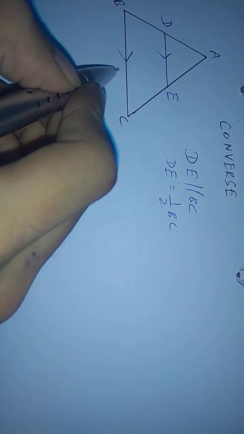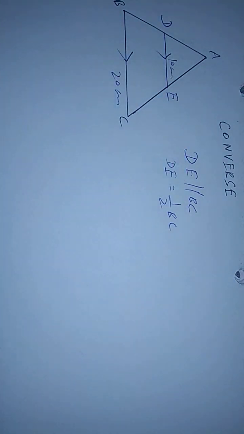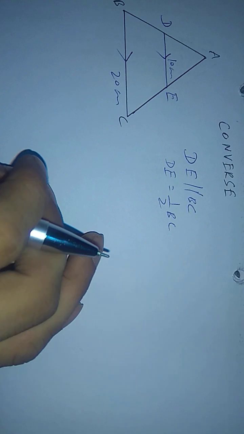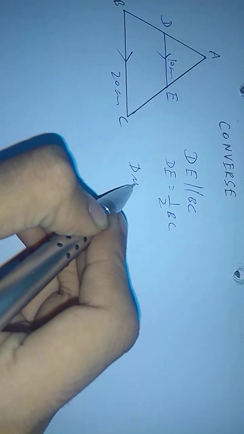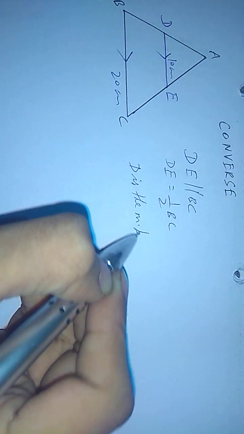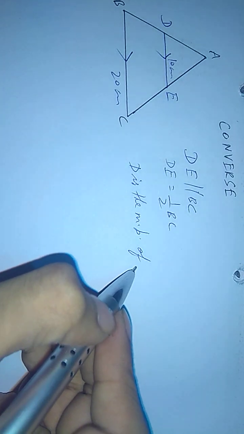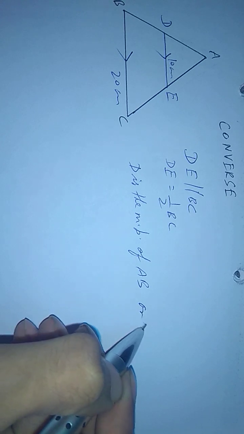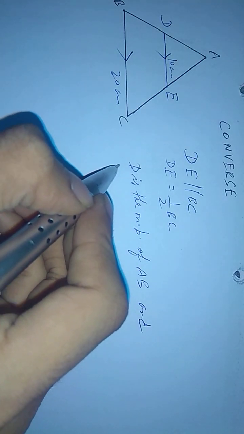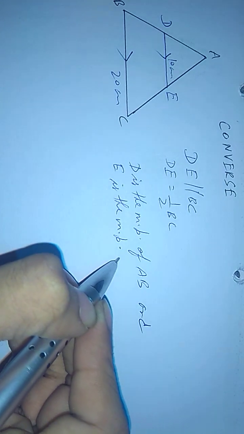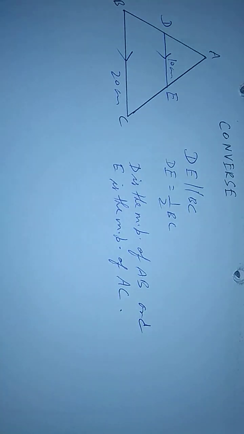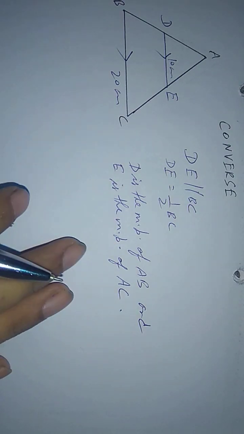Like in a question it's given that this is 20 centimeter and this is 10 centimeter. So by using the converse of the midpoint theorem, we can easily prove that D is the midpoint of AB and E is the midpoint of AC. This is the converse of this theorem.